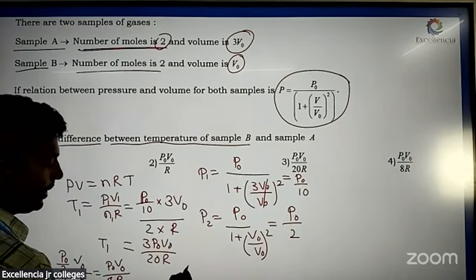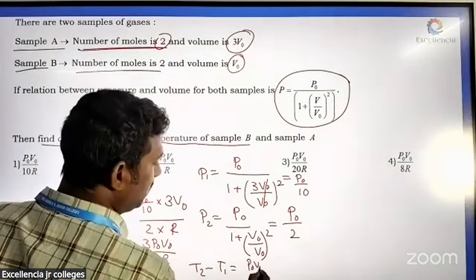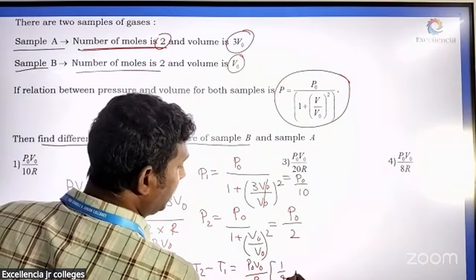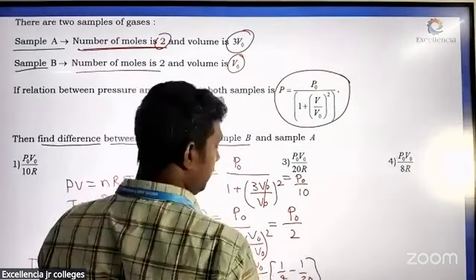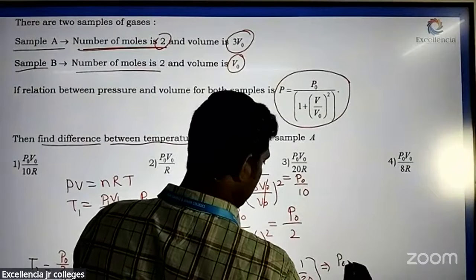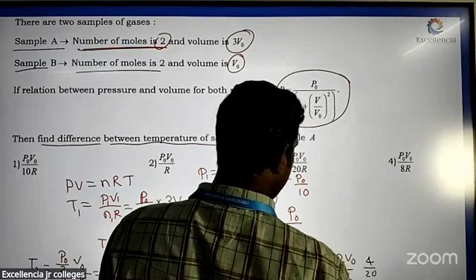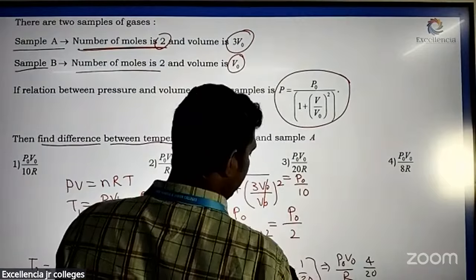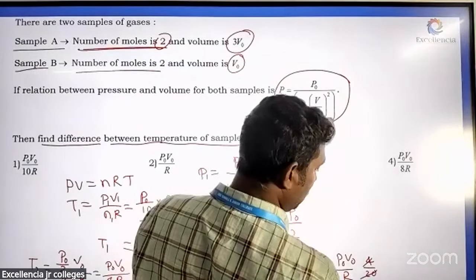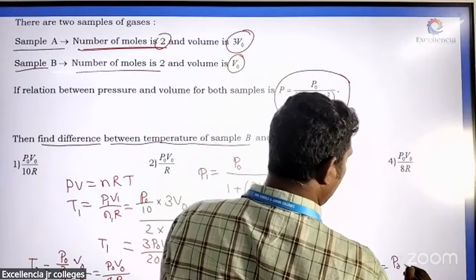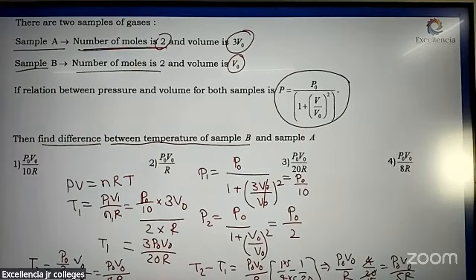Now what are they asking, students? T2 minus T1. So P0 V0 by R will be common: 1 by 4 minus 3 by 20. Taking the common denominator 20, multiply by 5, so 5 minus 3 by 20, which gives 2 by 20.